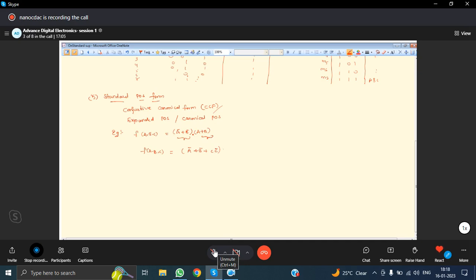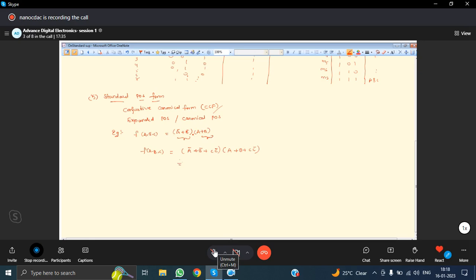The only intention in POS or SOP form is that the final function should contain all the literals, A, B, C, all the literals.